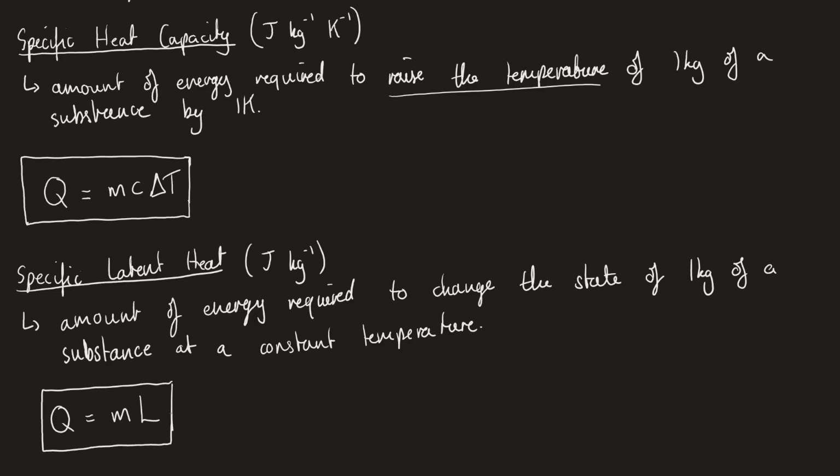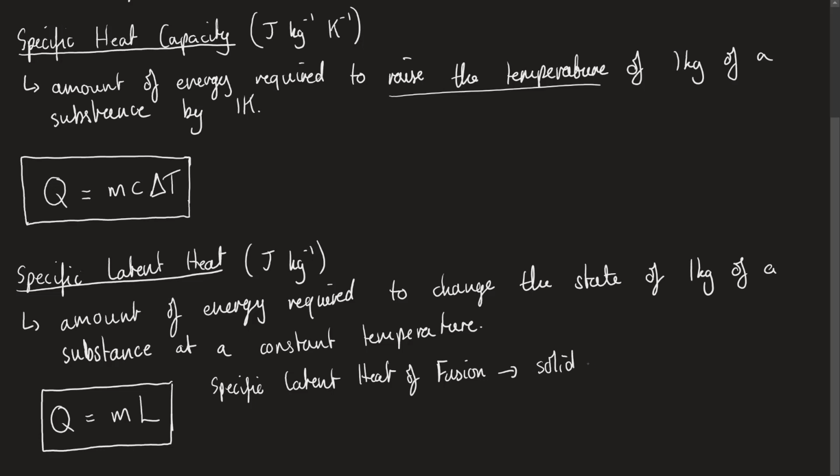Now, the specific latent heat, like I said, there's two possibilities when we're changing the state of something. We can either be changing it from a solid to a liquid, or we can change it from a liquid to a gas. And then we have two separate definitions for those. So if we took the specific latent heat of fusion, this is to change from a solid to a liquid.